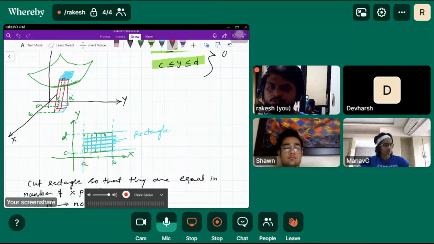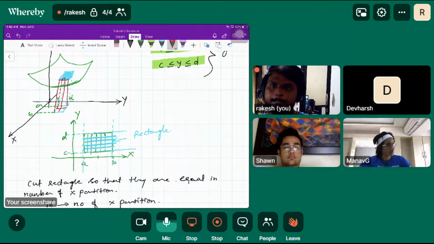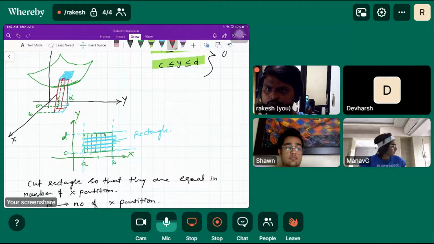It is difficult to draw. Mano had given me one textbook. It has a nice diagram. Yeah, just a second.